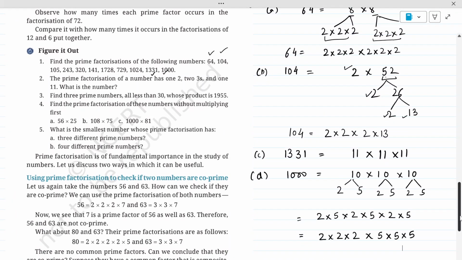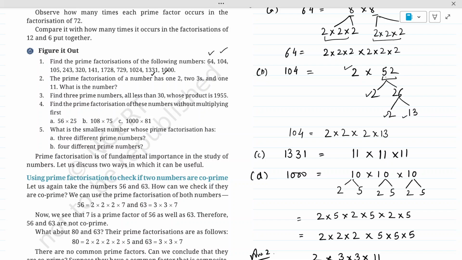And now let's move to the second question. The prime factorization of a number has 1 2. Okay, I'm writing it simultaneously. Answer 2. It has 1 time 2, 2 threes, that is 2 times 3 we have to write, and 111 and 11, and we have to find the number. So these are the prime factorization, that is the lowest form.